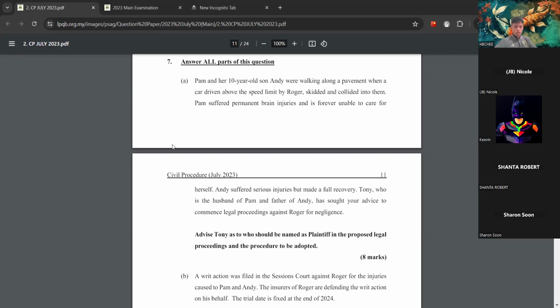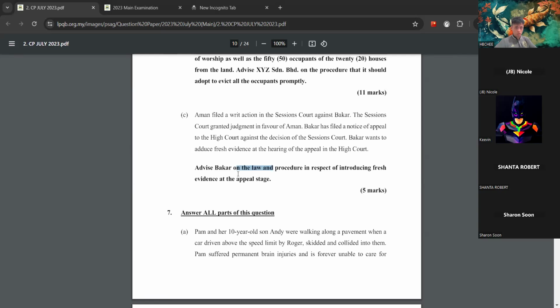Yes, Ladd and Marshall is correct. And you also have to include in your answer Order 55, Rule 7, because you are appealing to the High Court.